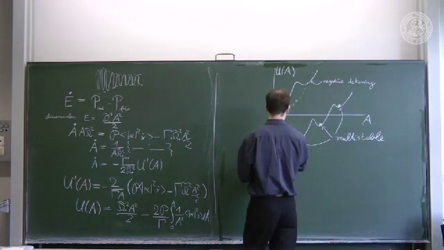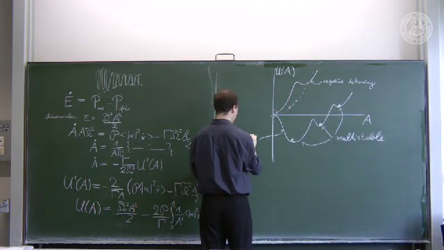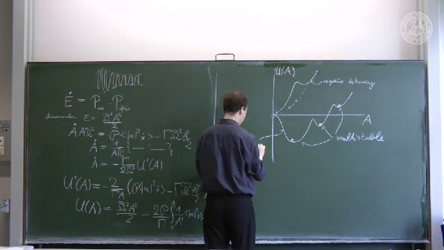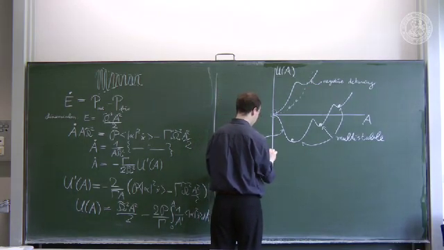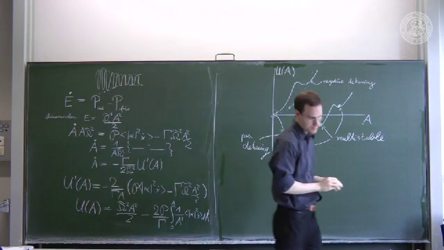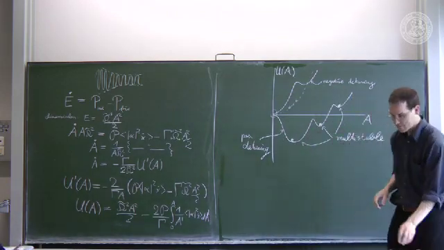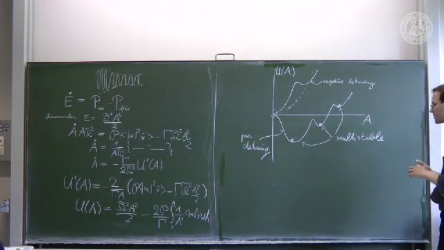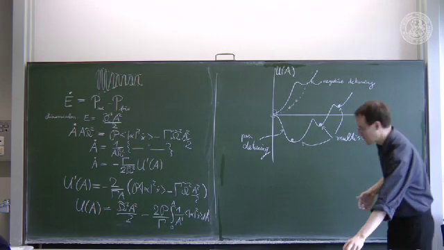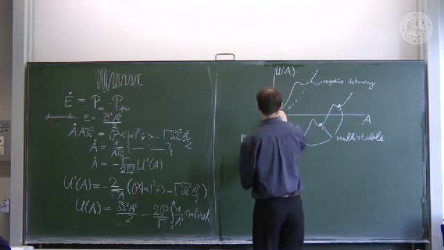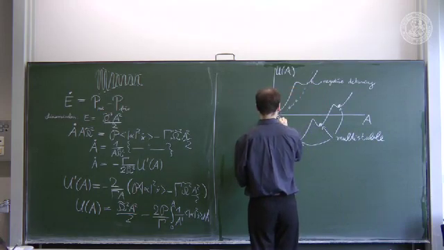So that is a positive detuning. And so again, near A equals 0, this would be the linear instability.